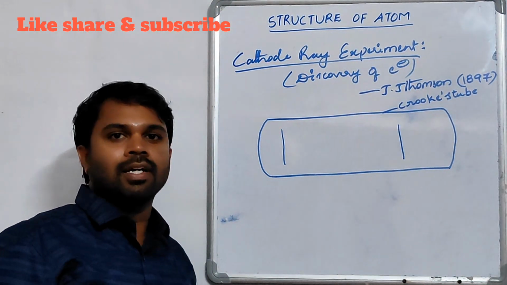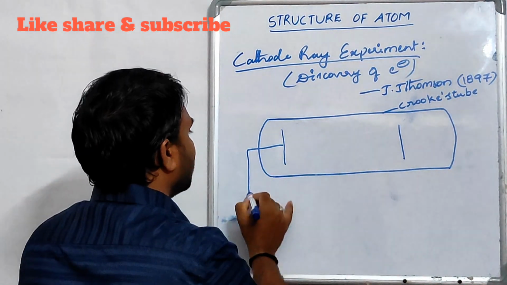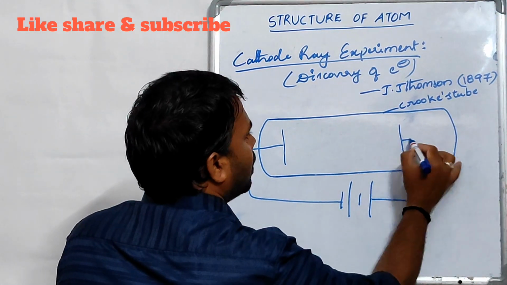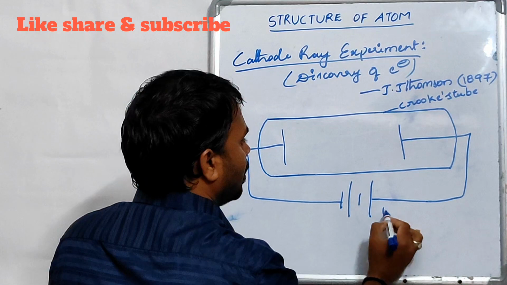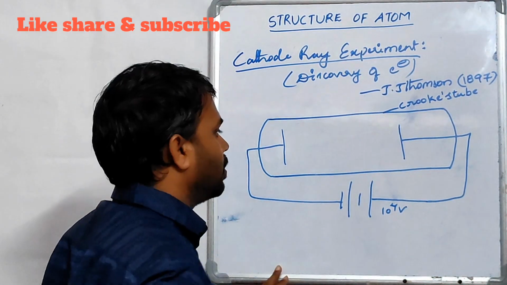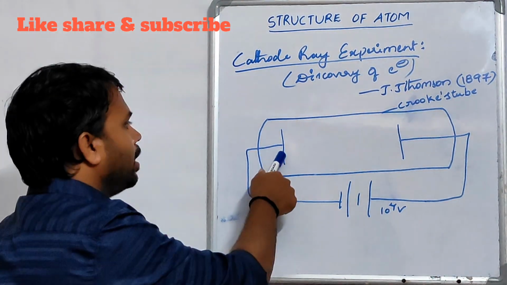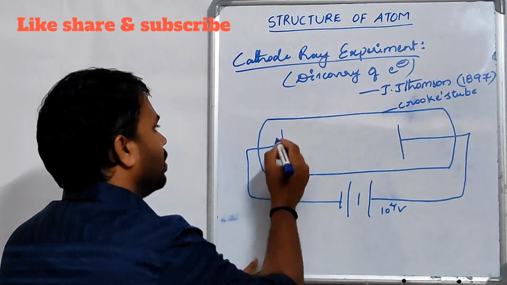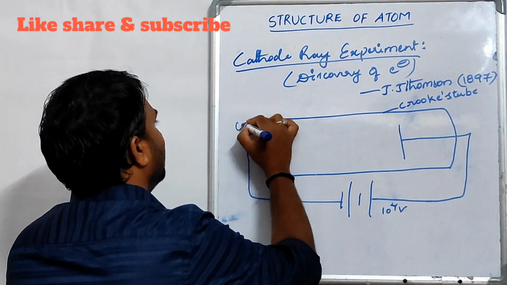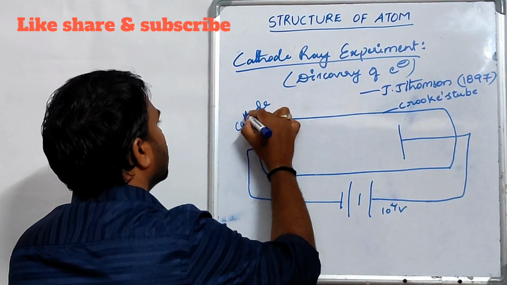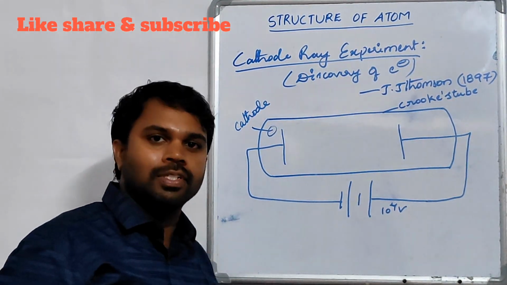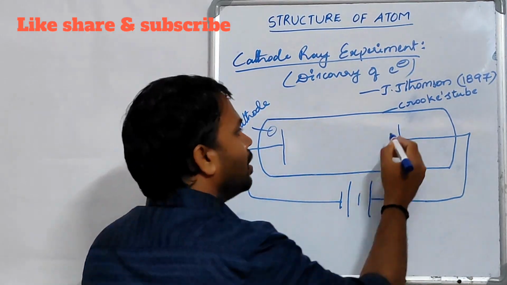These two metal strips are connected to an external battery at high voltage, that is 10 to the power of 4 volts. The metal strip which is connected to the negative terminal of the battery, which carries negative charge, we call the cathode. The metal strip which is connected to the positive terminal of the battery, which carries positive charge, we call the anode.